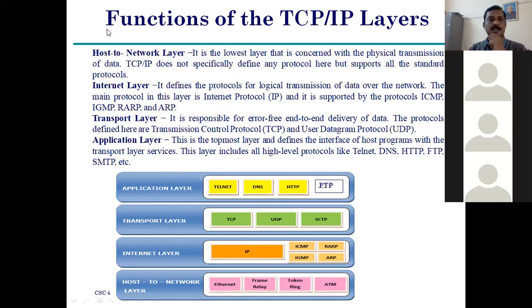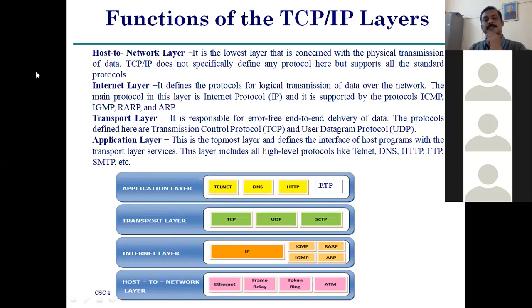Okay, this is the protocol architecture. Here there are four layers. Actually there are 5 layers, but the bottom 2 layers are also known as a single layer, called the host to network layer, right? Like the OSI model, here also there is an application layer and a transport layer.